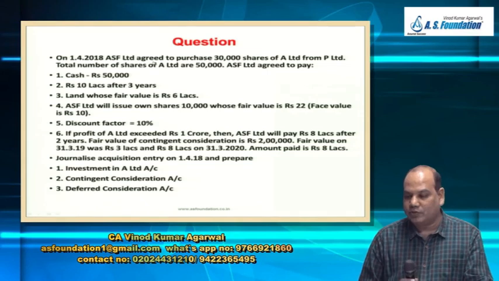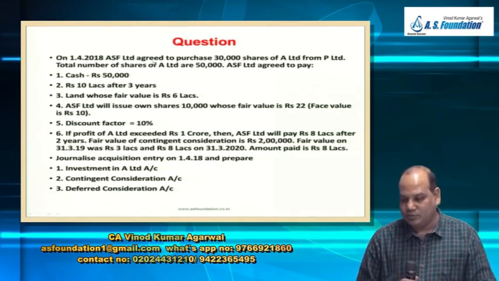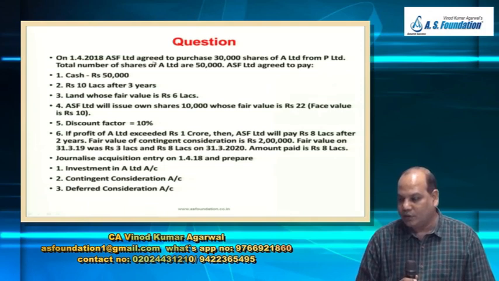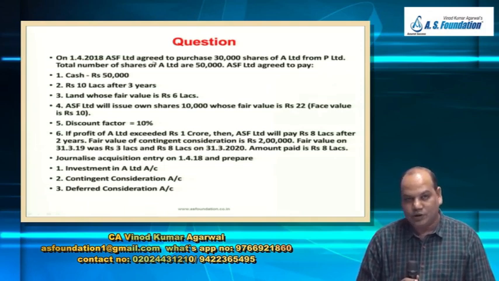Total number of shares of A Limited are 50,000. ASF Limited agreed to pay cash 50,000, 10 lakh after 3 years, land fair value 6 lakh. ASF Limited will issue own share 10,000, fair value 22, face value 10, discounting factor 10%.